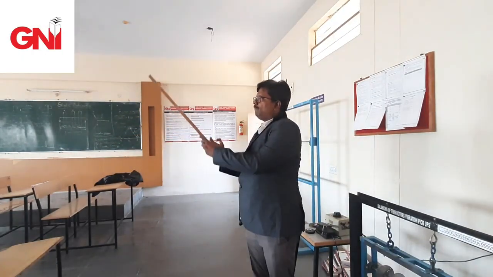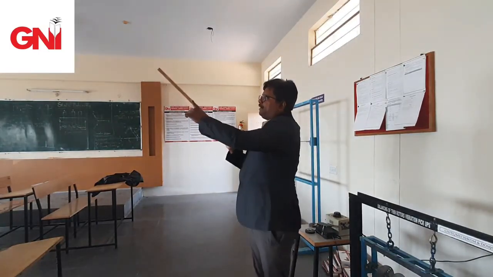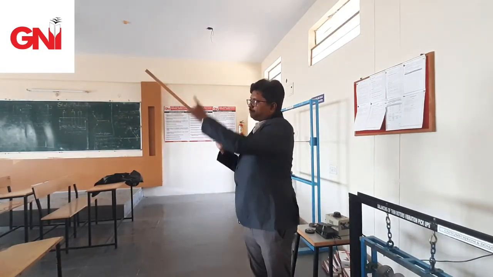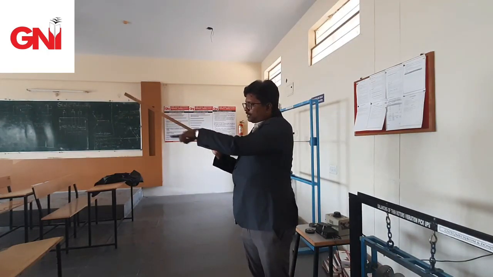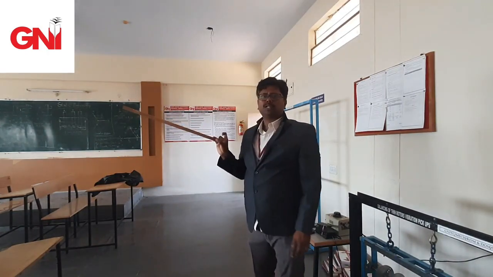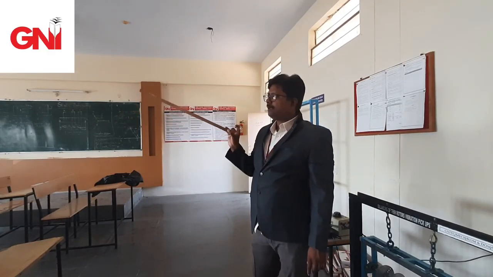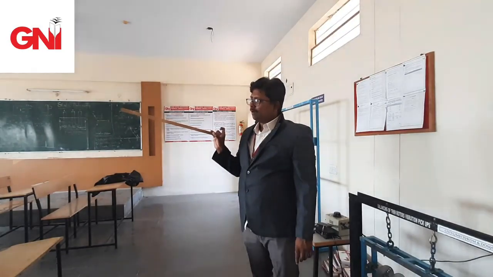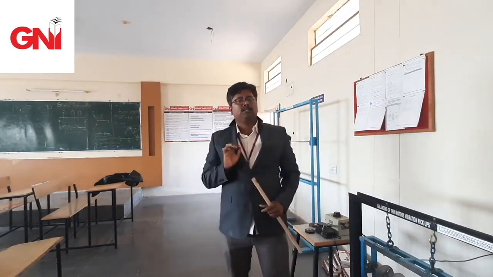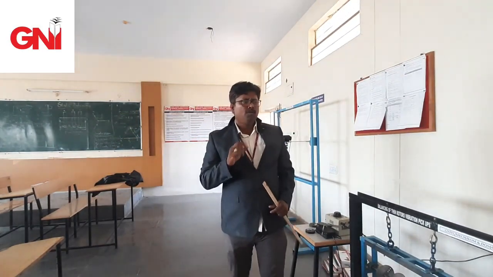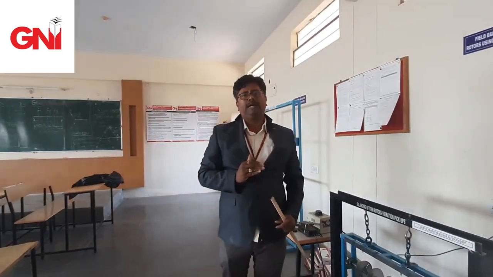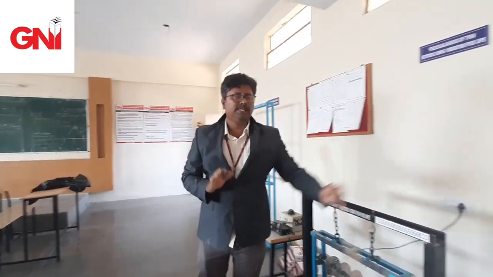When I keep it in this manner, the perpendicular distance from the center of gravity is less. So the turning moment trying to move it downward due to gravity is less compared to the horizontal position. That is why we lift the mass from 90 degrees to 0 degrees in this experiment.